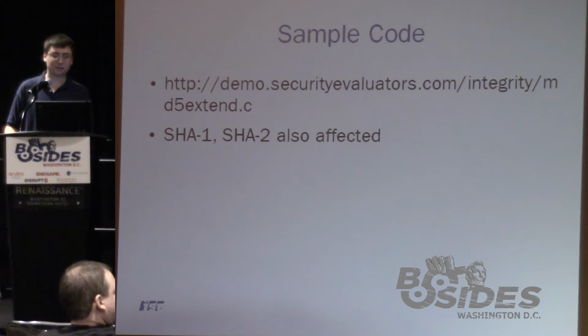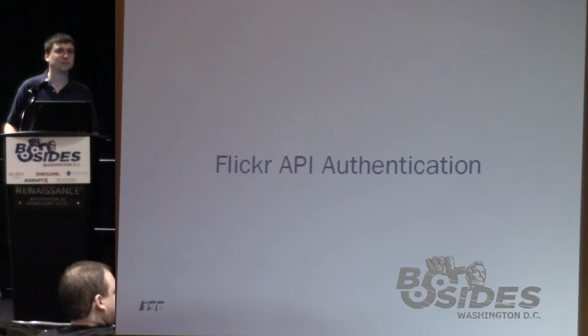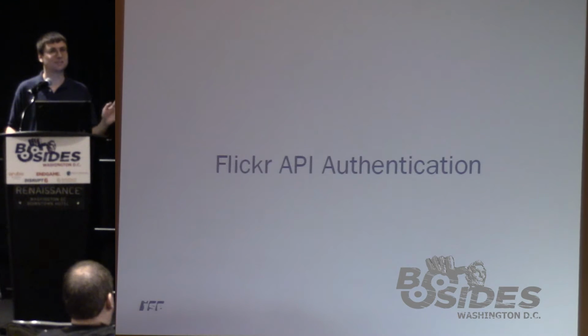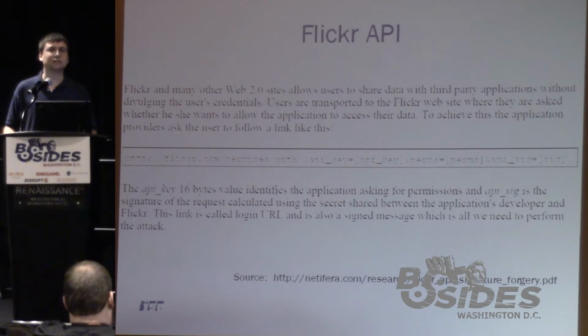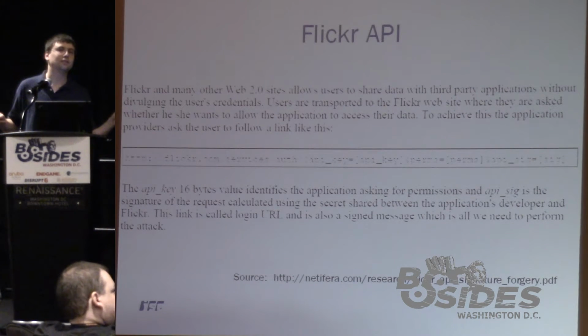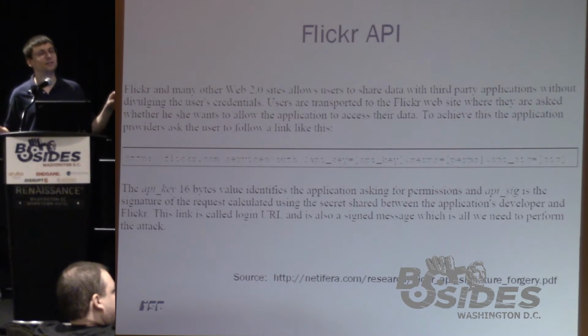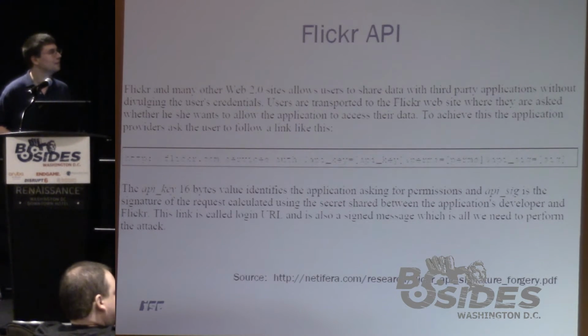So this seems like something, who would ever make this mistake? Well, Flickr did, which may have been more important when they made the mistake than they are today. I think they're associated with Yahoo or something. They had an API, and if you think about Amazon Web Services, they have this idea of a signed URL, which in reality should be called a MAC'd URL because it's not asymmetric.